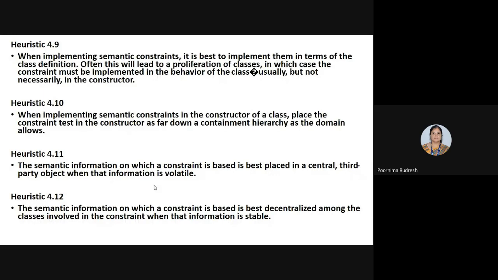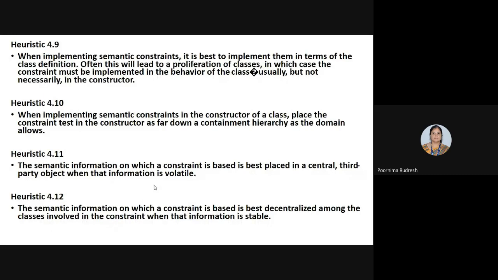Then 4.10 says that when implementing semantic constraints in the constructor of a class, place the constraint test in the constructor as far down a containment hierarchy as the semantics allow. Means as low as possible in the containment hierarchy, we have to place those constraints. And heuristic 4.11 says that the semantic information on which a constraint is based is best placed in a central third-party object when that information is volatile.